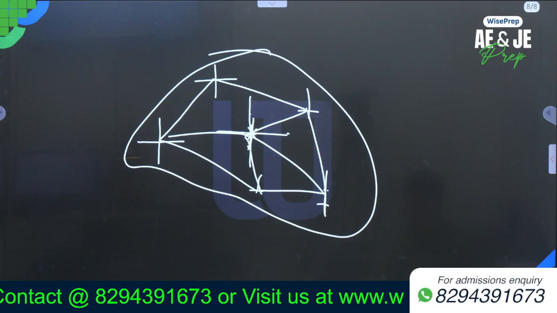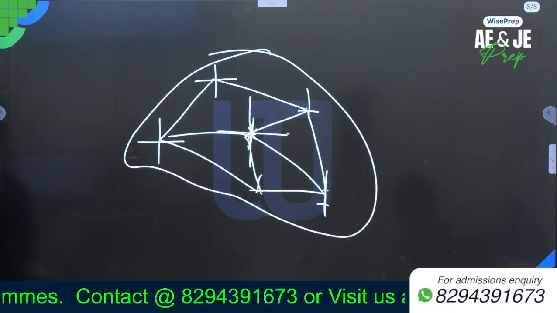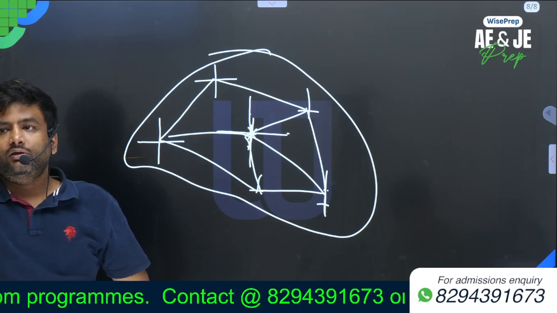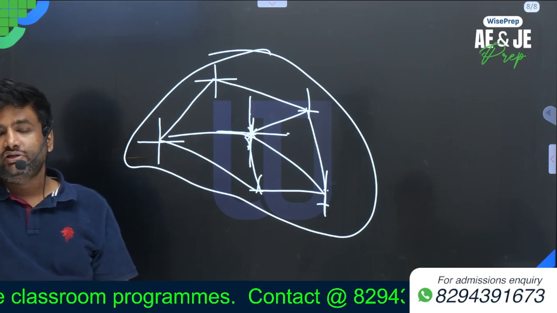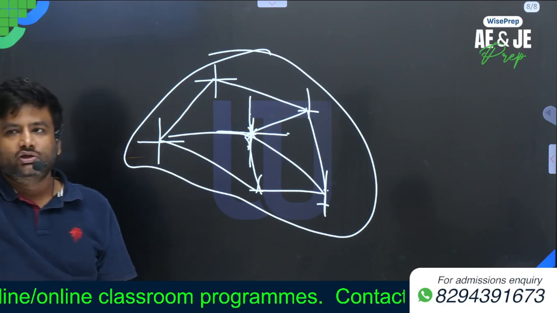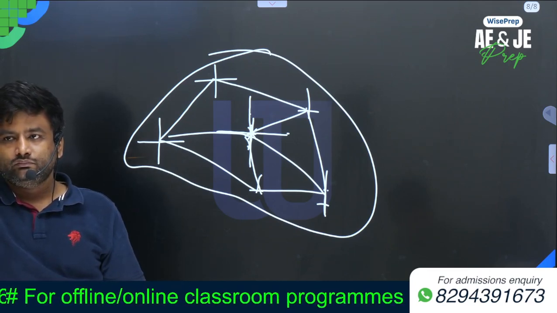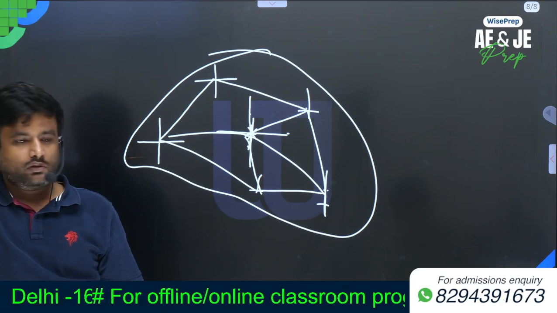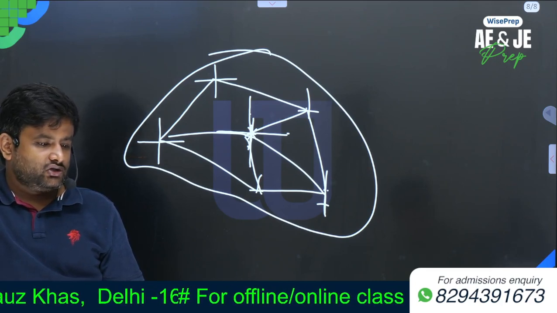Written, comma, such a reference meridian is called grid meridian.